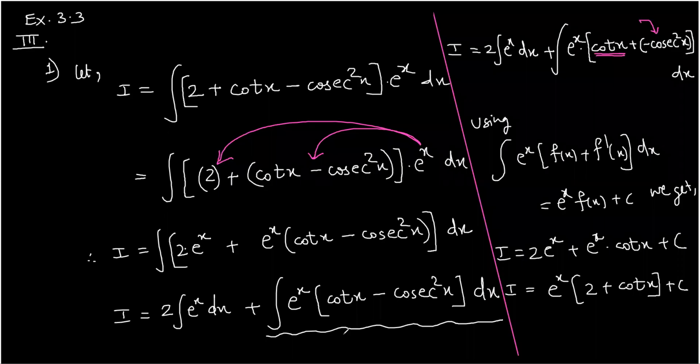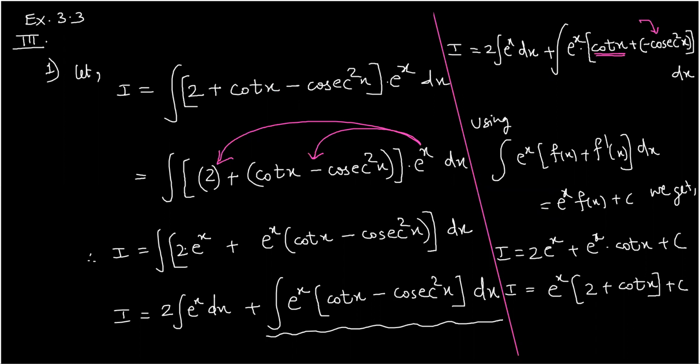We could have done this problem faster had we considered 2 plus cot x as f of x. Like, what did I do here? I multiplied e raised to x with 2 and I multiplied e raised to x with cot x minus cosec square x.